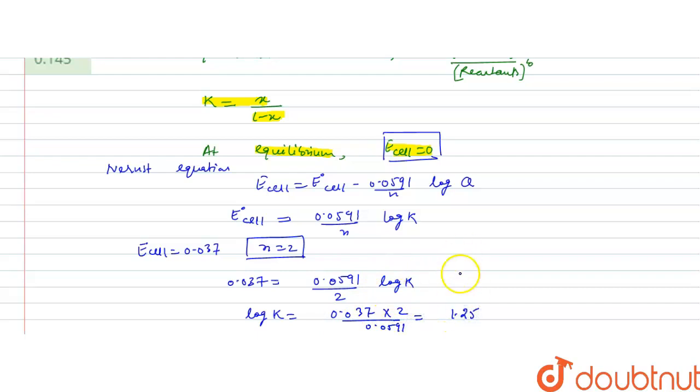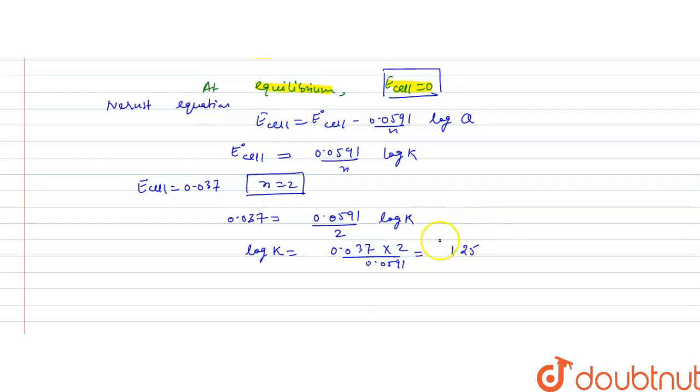Now we have log K, so we have to find the antilog of 1.25. So K is antilog 1.25, which is equal to 17.78. This is the equilibrium constant.